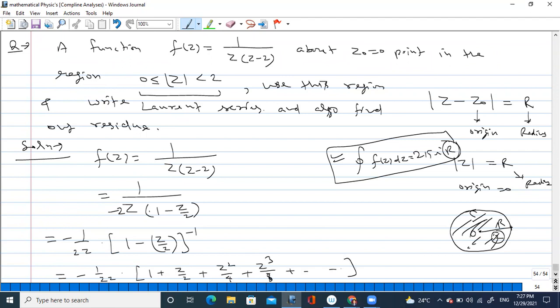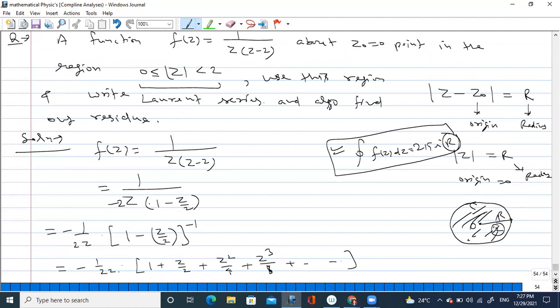So this is my series. Now multiply this z inside, or rather, minus 1 upon 2z you can multiply. First note down up to here.